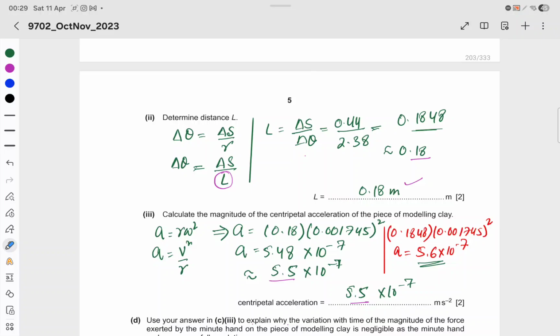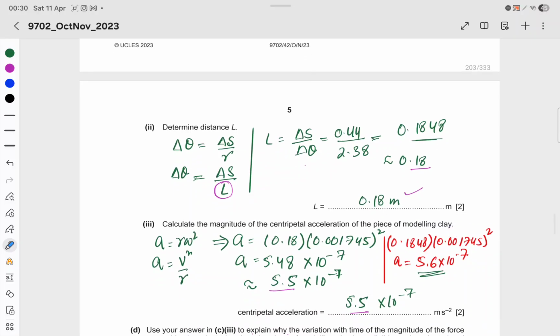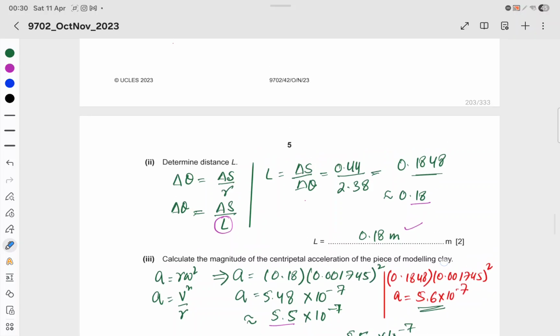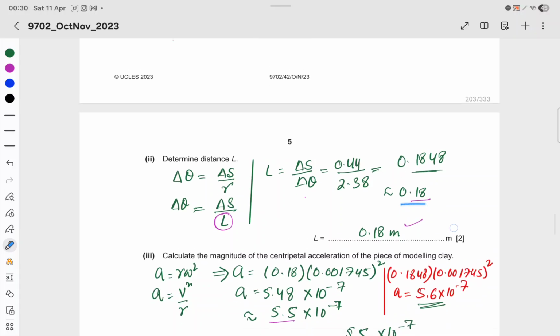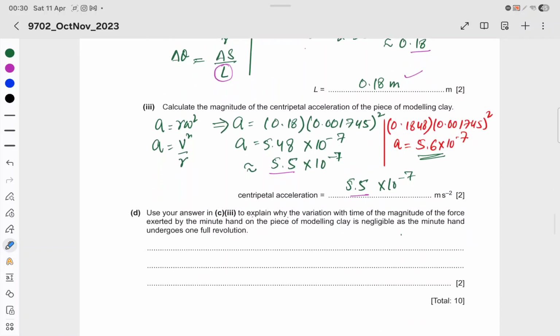Again we use the relationship between angular and linear displacement: delta theta equals delta s over r. So L is delta s over delta theta, 0.44 is given, 2.38 we got earlier, so it will be 0.1848. Again to 2 significant figures it is 0.18 meter.